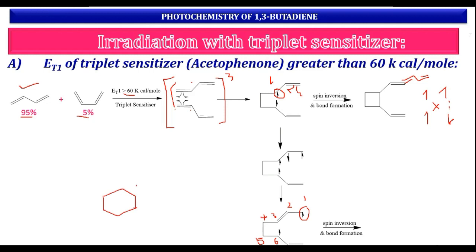This is the first carbon and this is the sixth carbon, just assume, friends. After the second and third positions we have a double bond, and at the sixth position we have a vinyl group, so the final product is 4-vinyl cyclohexene.